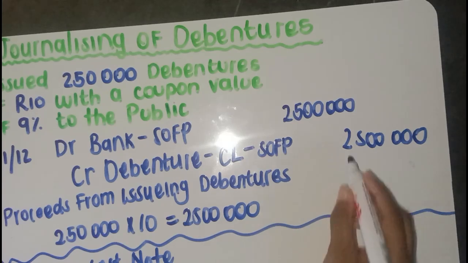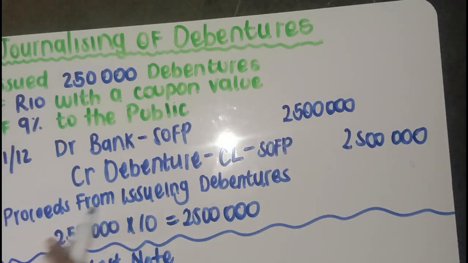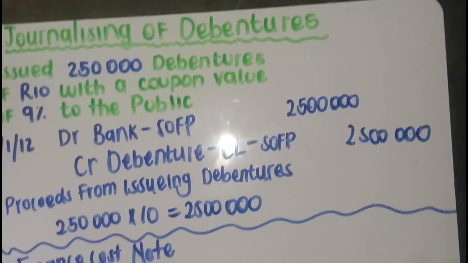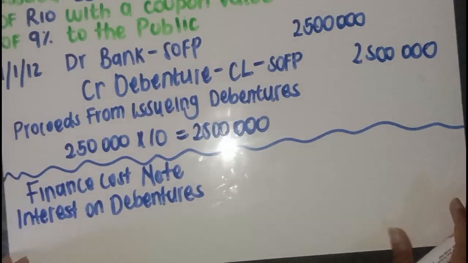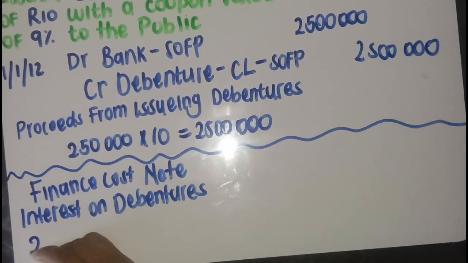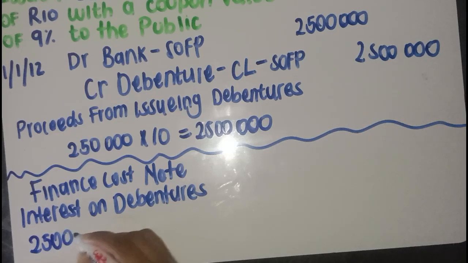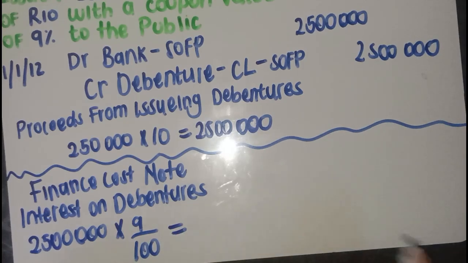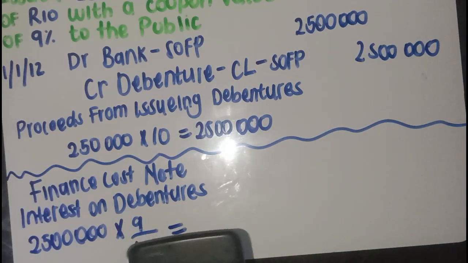And you're going to say this amount, or you could take this whole thing and write 250 multiply by 10. But since I just want to save time, I could just say 2,500,000 multiply by 9 over 100 to get the amount at which these debentures are worth.